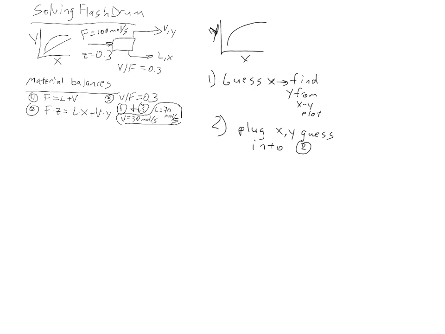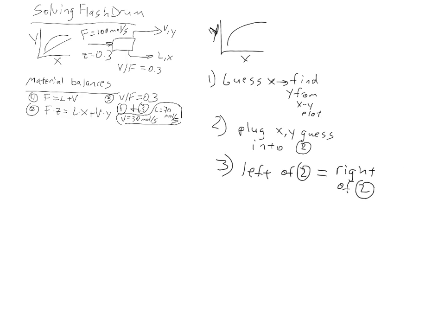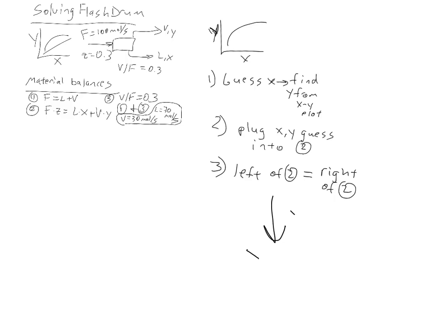Step 3: we evaluate the left-hand side of equation 2 and check whether it is equal to the right-hand side. We plug in the numbers we've guessed for x and y, and if the answer is yes, we are done.